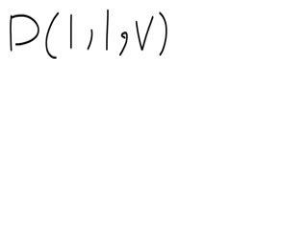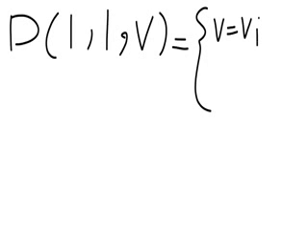So basically this is telling me I have only one option. I have the first person, and I need to pick one, and I need v votes. So this would be true if v is equal to v1, and otherwise it would be false. Because exactly this is the only option that I have. I have to pick person number 1.